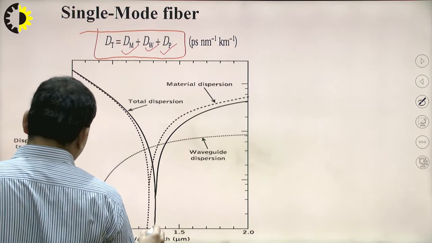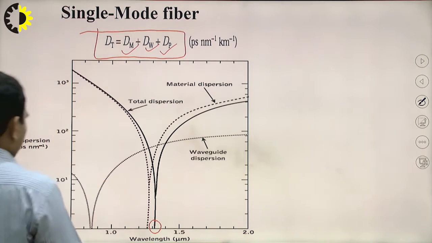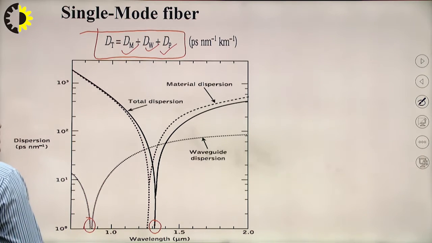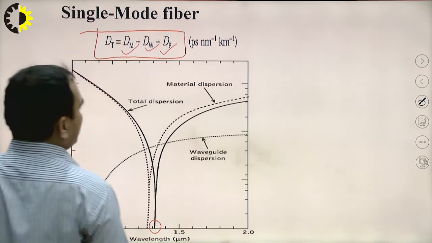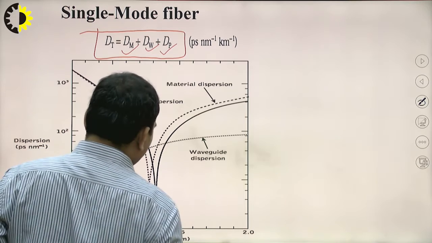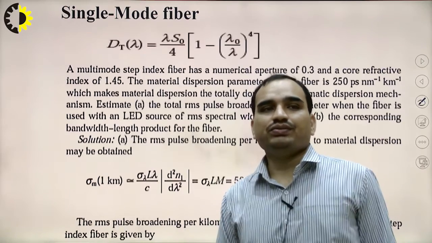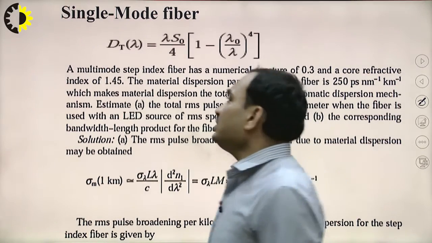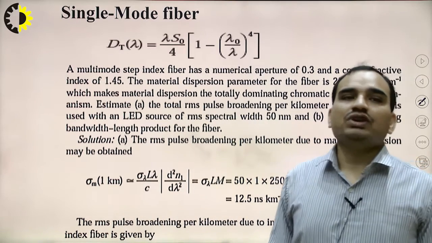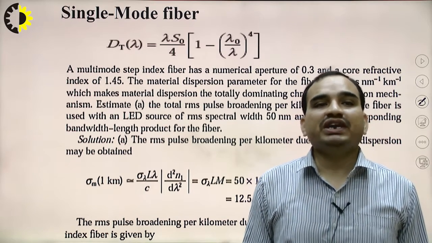The waveguide dispersion has its minima at around 800 nanometers, and the material dispersion is close to 1.3 micrometer, or 1300 nanometers. This total dispersion can be written as lambda S naught by 4, times 1 minus lambda naught by lambda.